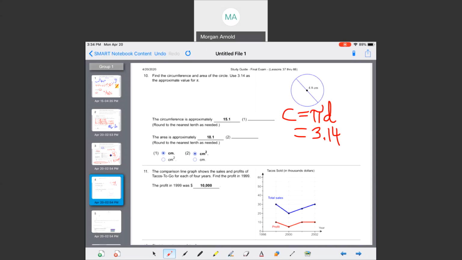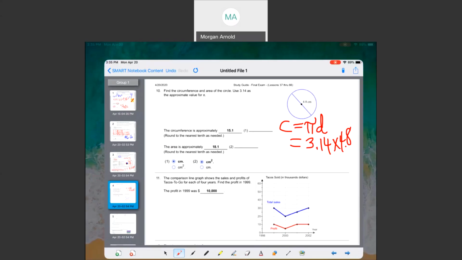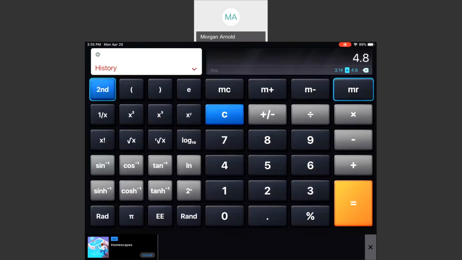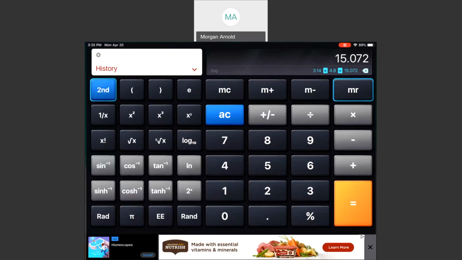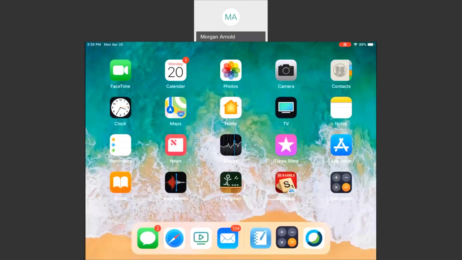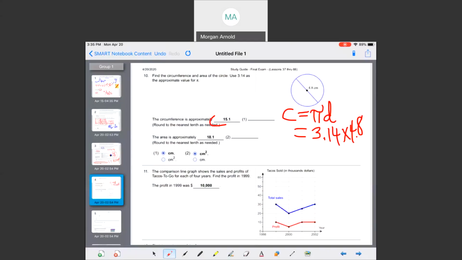And just plug in 3.14, and our diameter is 4.8. So 3.14 times 4.8. And let's see what our answer should be rounded to the tenths place. So that would be 15.1. And the circumference is the distance or perimeter around a circle. So we would just need centimeters.